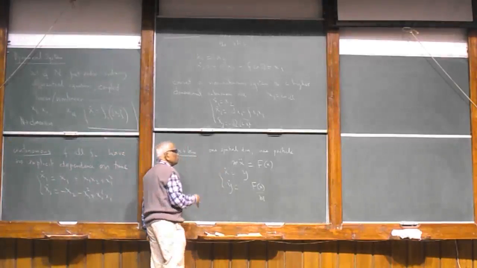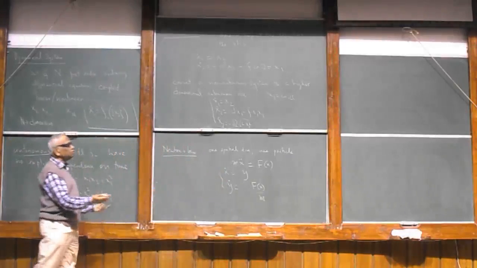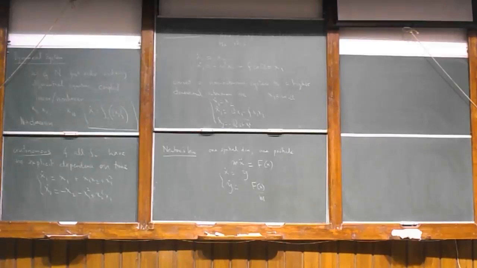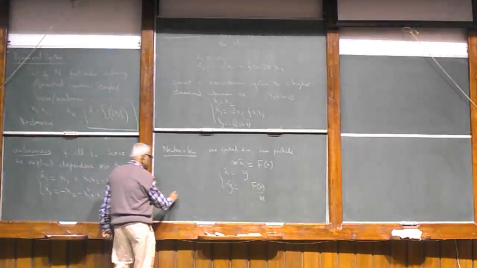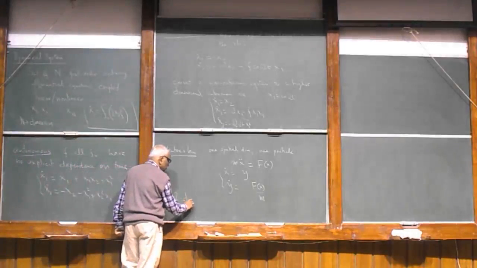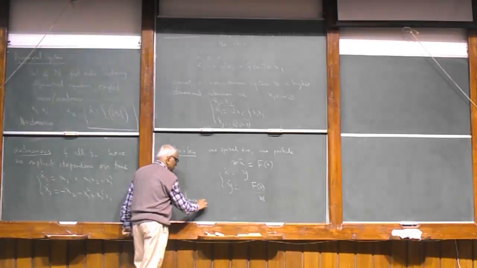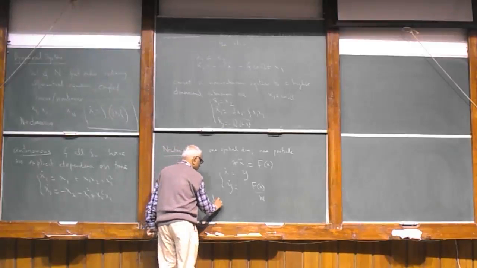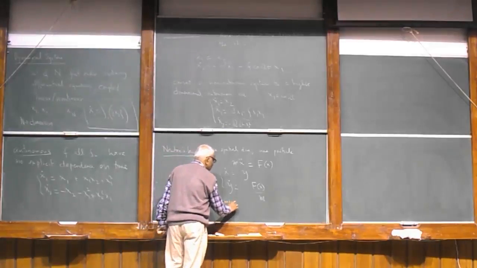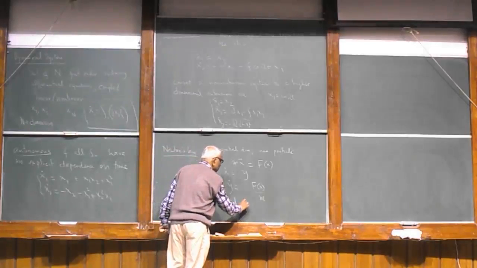So Newton's law, in its simplest form of one spatial dimension and one particle, is a two-dimensional dynamical system.